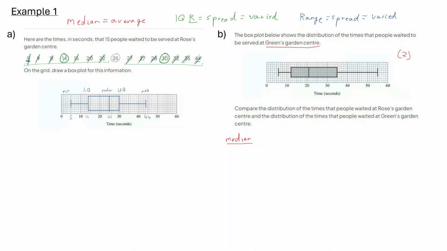So we can say something like, right, the median, excuse my handwriting, I'm not very good at writing words, I'm a bit messy, but the median waiting time is greater at Rose's Cafe. I'm just going to put Rose in short. At Rose's Garden Centre. And then you've got to state the value, make it really clear to the examiner, which is 25. Okay.